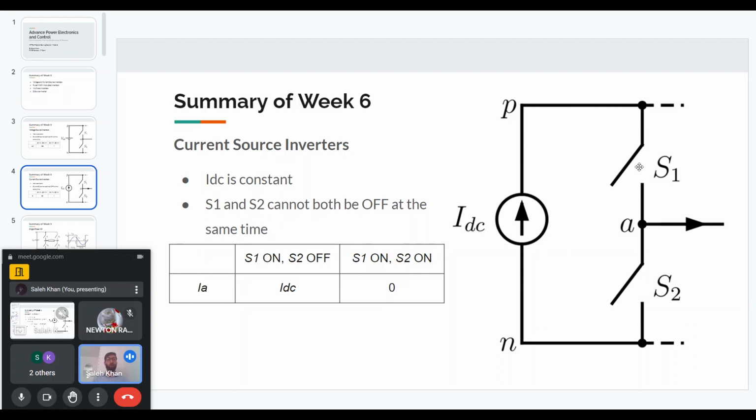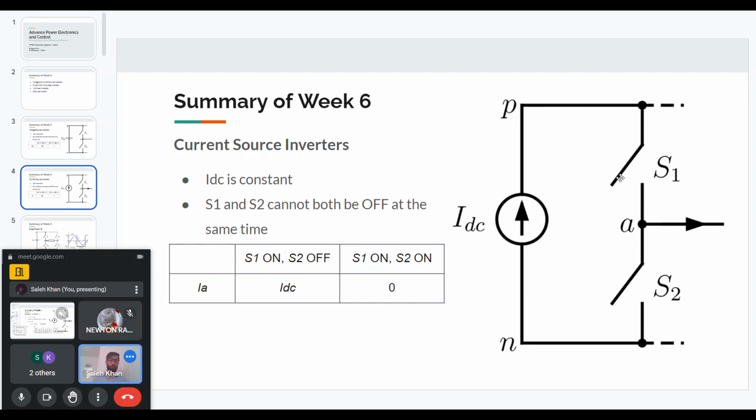But if they are both off, and let's say we don't have any other legs for the inverter, then the IDC current will not find a path to flow. Since it is a current source, this current has to flow somewhere.